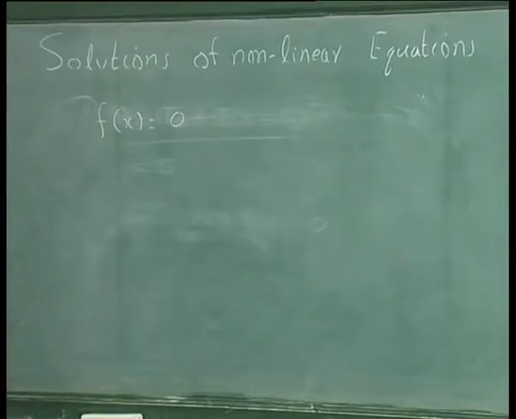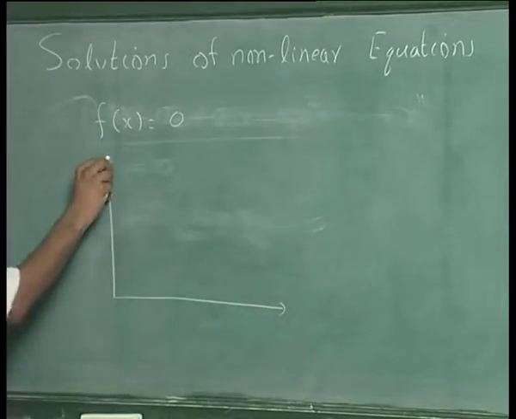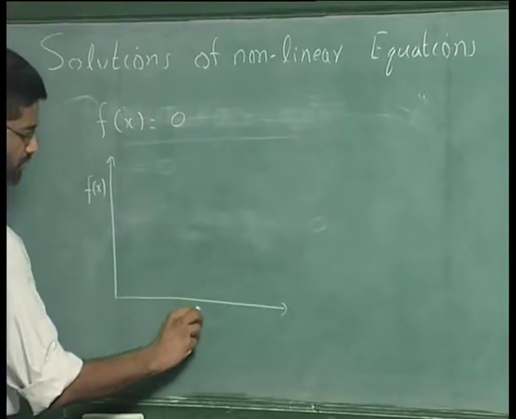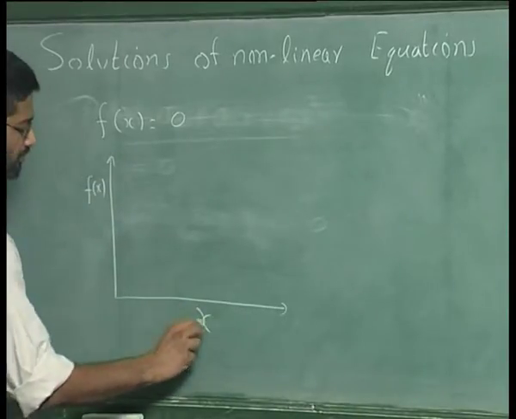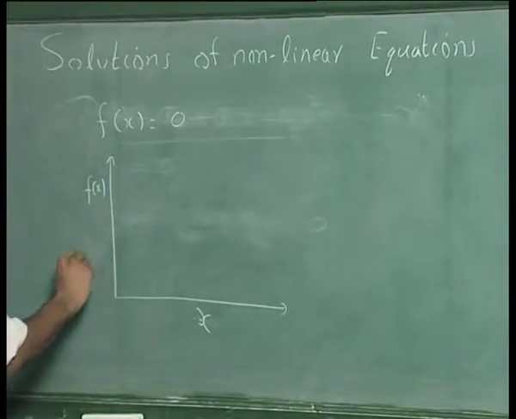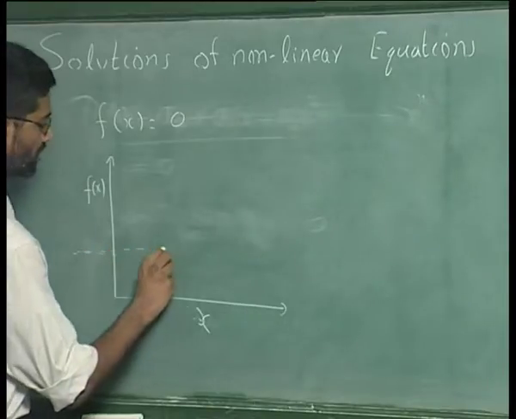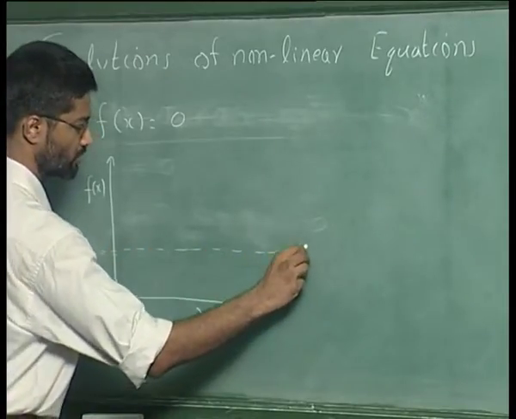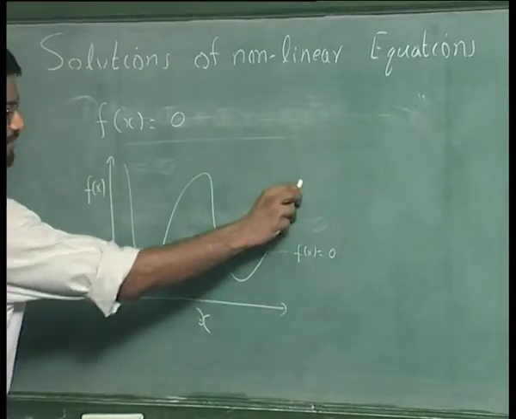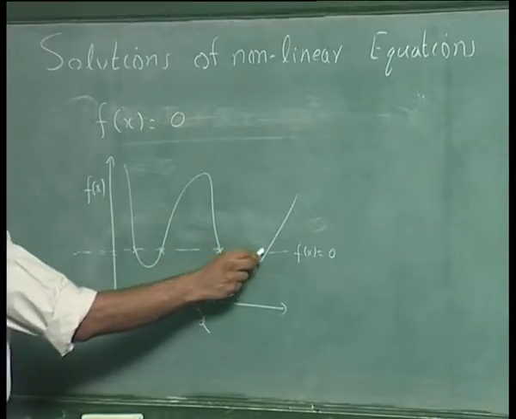So we would plot f of x versus x. We just plot this function. So that's our y equal to 0, the f of x equal to 0 line. And then if you have a function which behaves something like this, now all these crossing points are solutions of this equation.